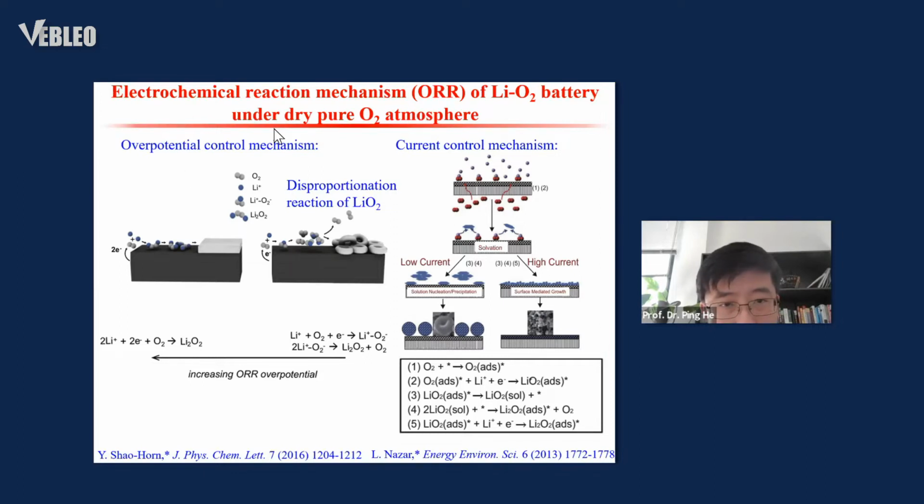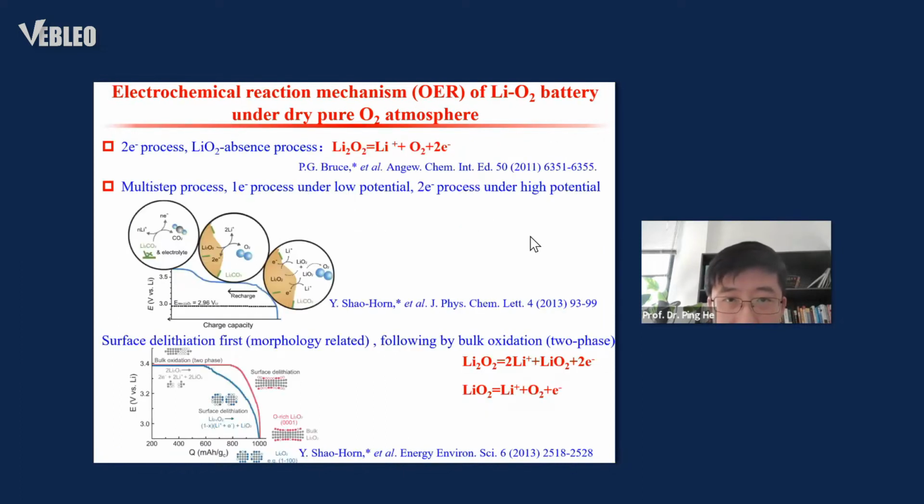If you use this model, lithium superoxide is formed. If we look at the process of the lithium oxygen battery under a dry pure oxygen atmosphere, the first step is a two-electron process.